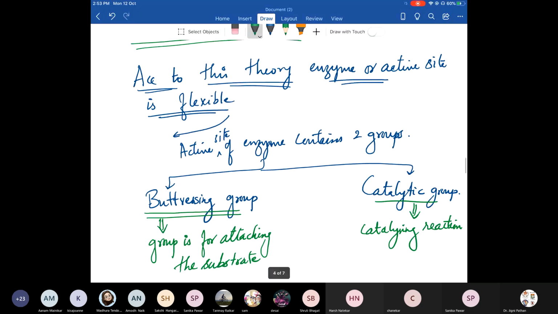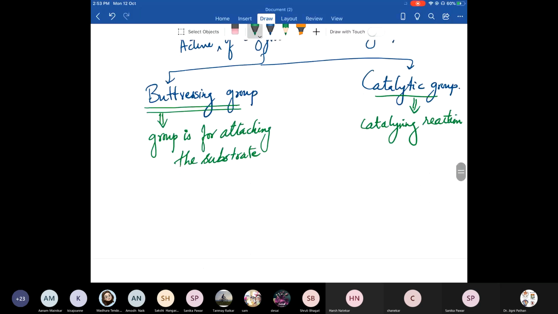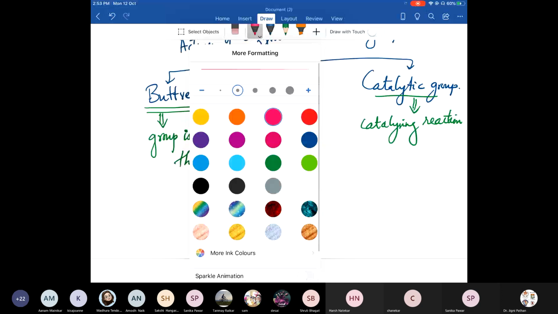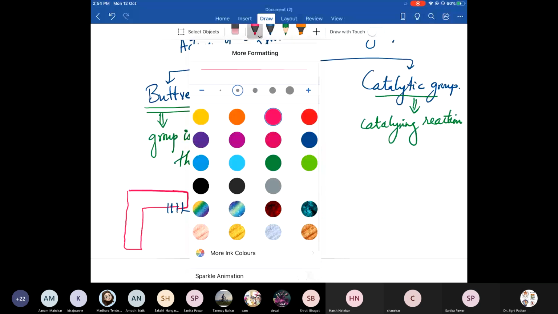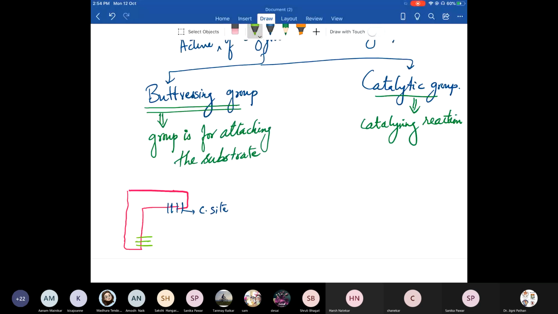Okay, now let us draw this with the diagram, it will be more clear. So you have an enzyme. This is your enzyme. The enzyme has one side which is the catalytic site, C is the catalytic site, whereas this side, B, is the buttressing site. Plus there is a substrate molecule.